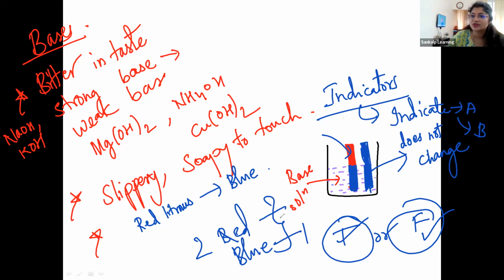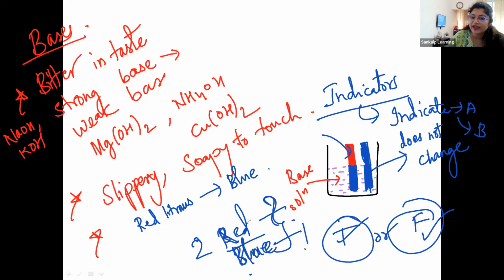Two persons cannot stand first in the class, only one person can. Same here, I have two conditions, and one should give you the correct answer. Either red should turn blue or blue should turn red.